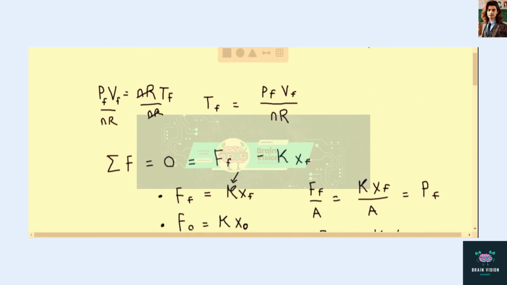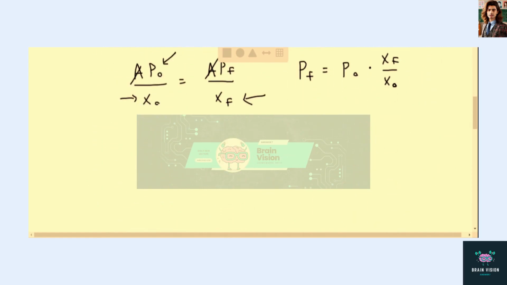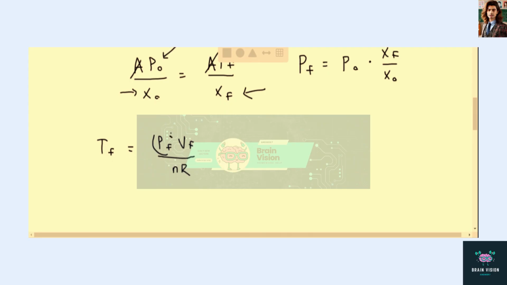So we have T final is P F V F over N R. Let's just rewrite that. P F V F over N R. And I am substituting out this P F for our new P F. So this will be P naught times X final over X naught times V F over N R. All right.